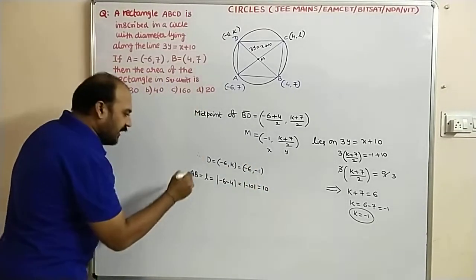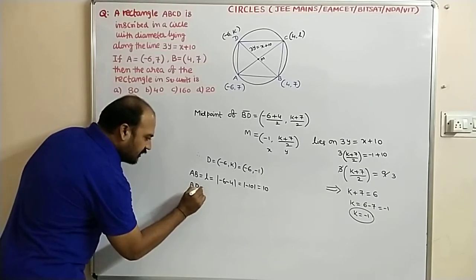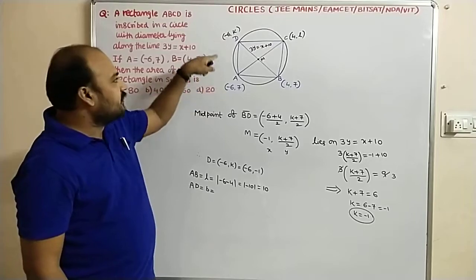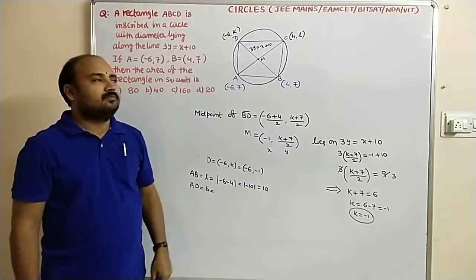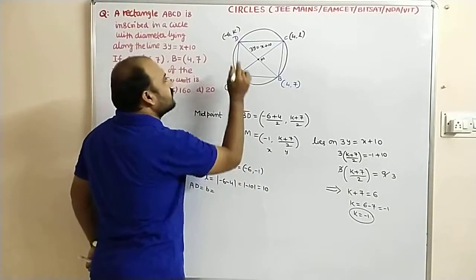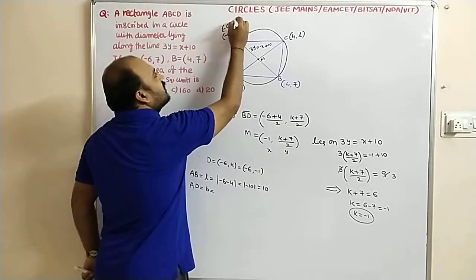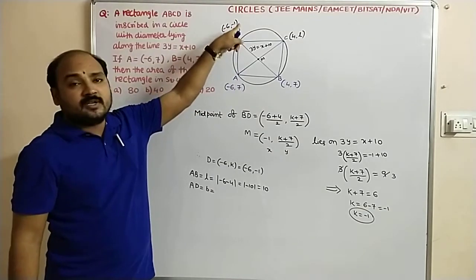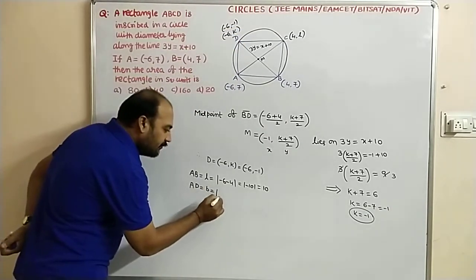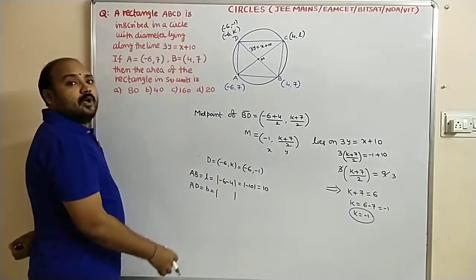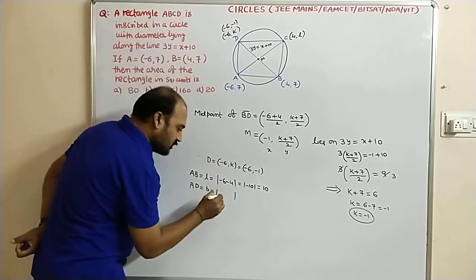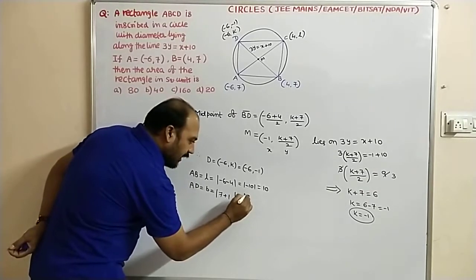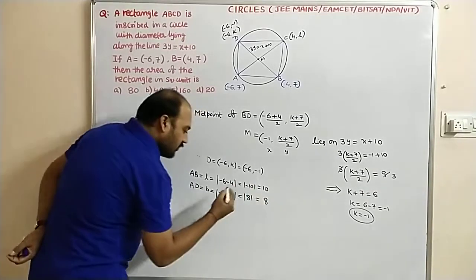In the same way AD, that is the breadth B. We are calculating the distance between these two when x coordinates are equal. The k value we got here is -1, so the point is (-6, -1). So the distance between (-6, 7) and (-6, -1) is the mod difference between y coordinates. So 7 - (-1) = |8| = 8.